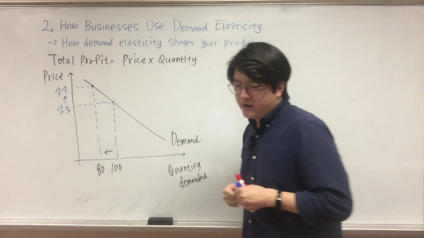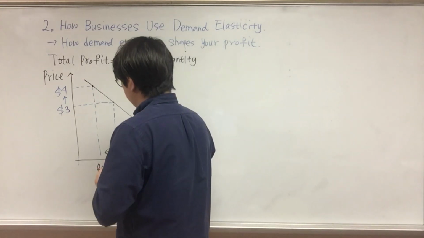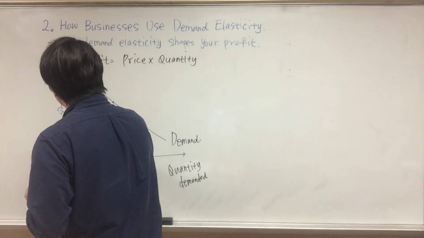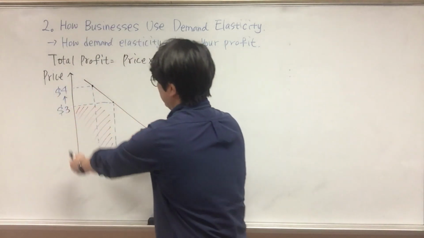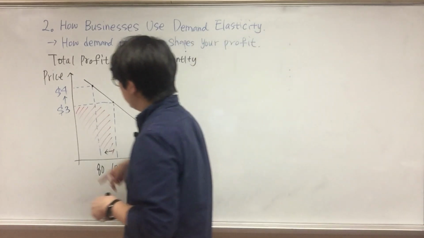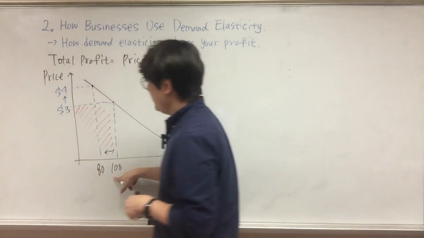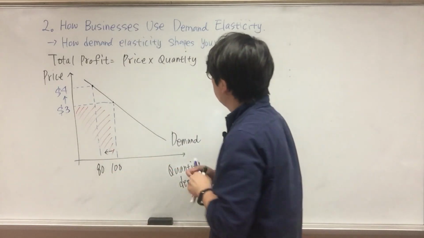So where is the total revenue? At first, the revenue is in here. At $3, total revenue would be this rectangle, the area of the rectangle. The area of a rectangle is height times base, right? How can you find it?